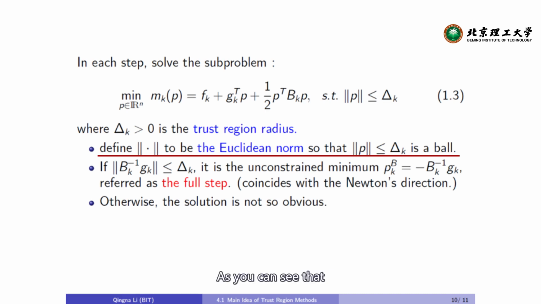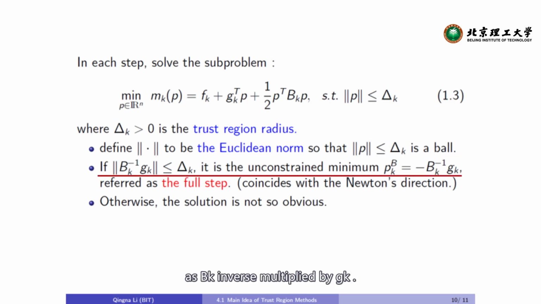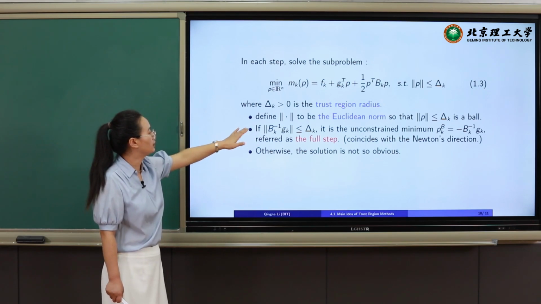And as you can see, if we drop the trust region restriction, we can directly get the solution as Bk inverse multiplied by gk. In other words, if the length of this direction is smaller than or equal to the radius here, then we can automatically get the trust region solution, which is this one.